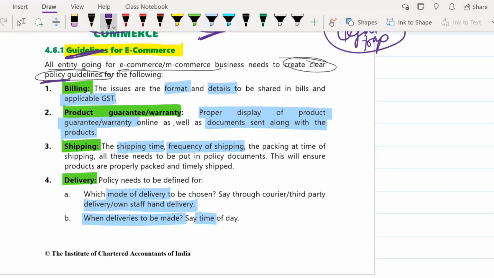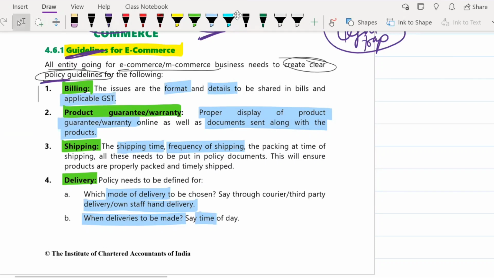For example, you can have a policy in the company that after 9 p.m. or 10 p.m., we will not allow any credit sale. Like this, any kind of policy they might have, related to various aspects.